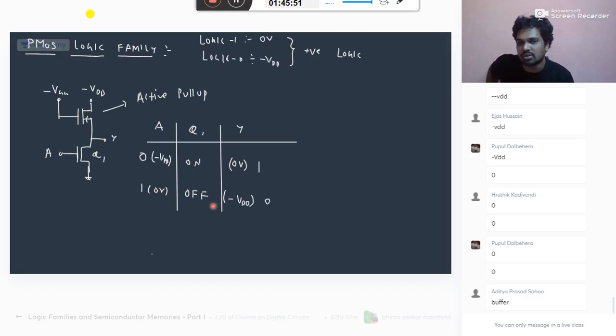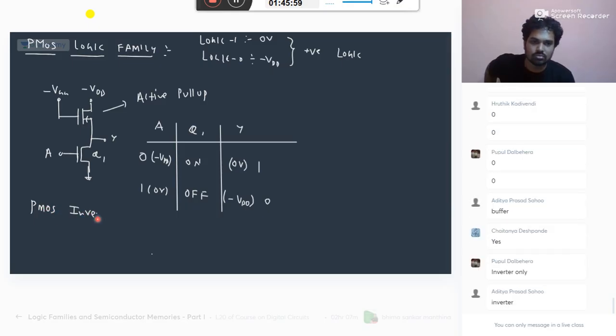You give 1, you get 0. So it is nothing but a PMOS inverter. Because for 0 it is on, for 1 it is off. You can represent it with this symbol also. Inversion.